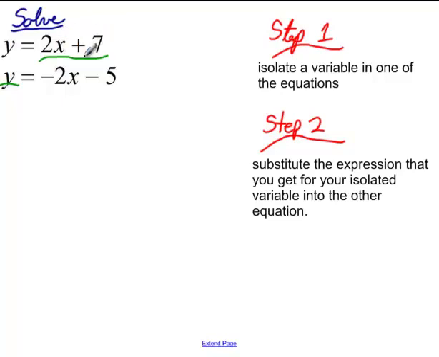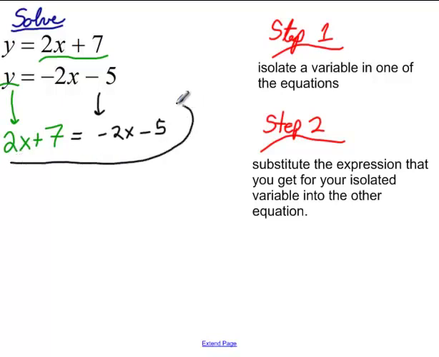So here's a term and here's a term, so this is an expression. Since y is equal to this and y is equal to that, let's come down here and write my 2x plus 7, which is that y, and keep everything else, so that's equal to negative 2x minus 5.